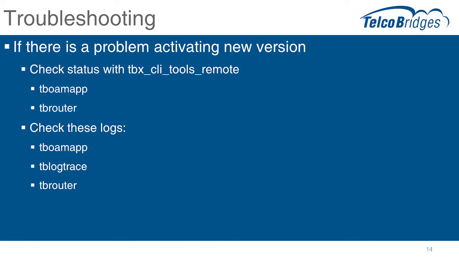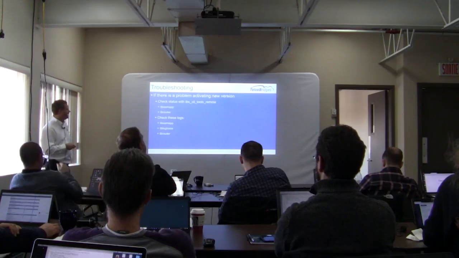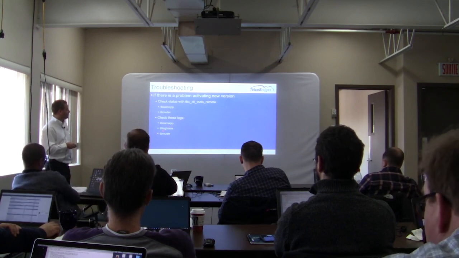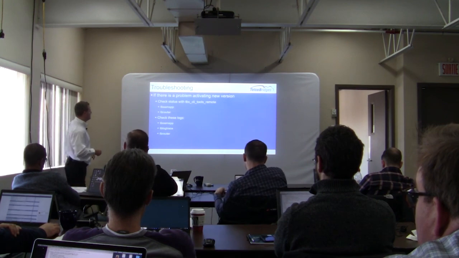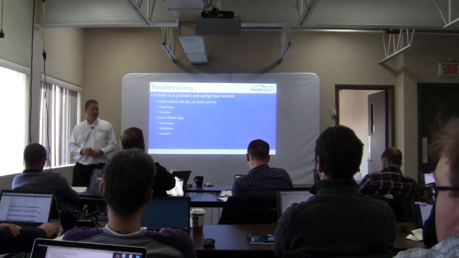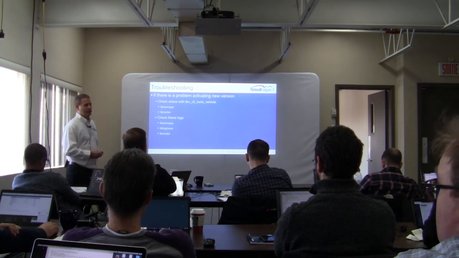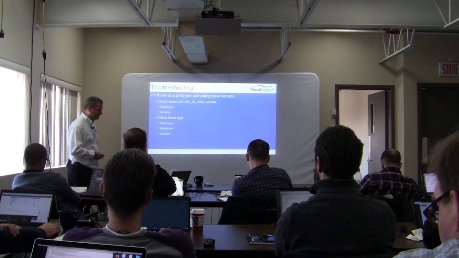I will show these later in the training. In the logs, you can also check another one called TB Log Trace, which has information. If you have a transcoding unit or stuff like that, you will see information in this application.